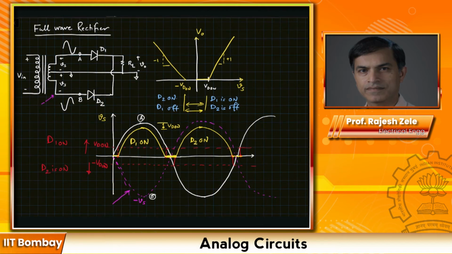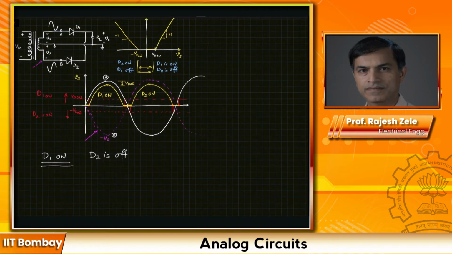What is the peak inverse voltage for this diode? Let's analyze that. To figure out peak inverse voltage, we should first identify the diode which is turned off. So when diode D1 is on, what's the maximum reverse bias voltage across diode D2? That's what we want to figure out, and that would be our peak inverse voltage.